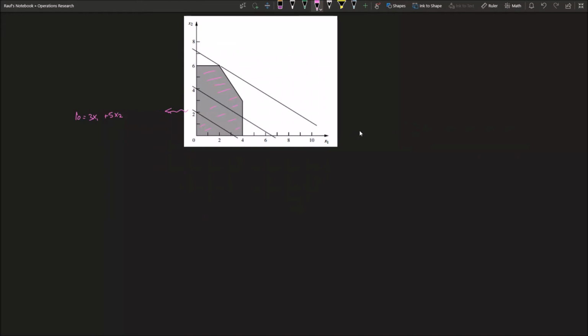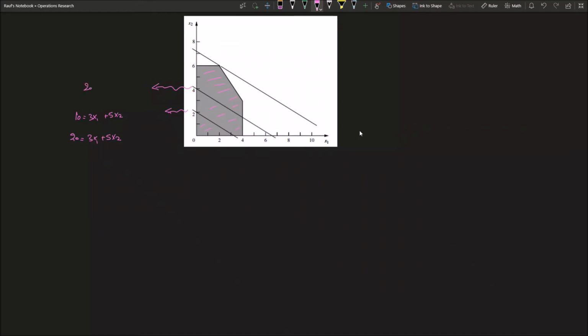Okay, what if we said let z equal 20, that equals 3x1 plus 5x2. Well, if we draw that line, it will be this line in here, as we can see.